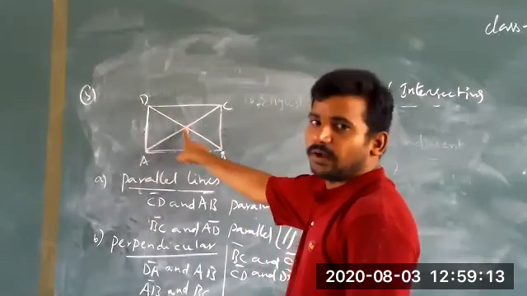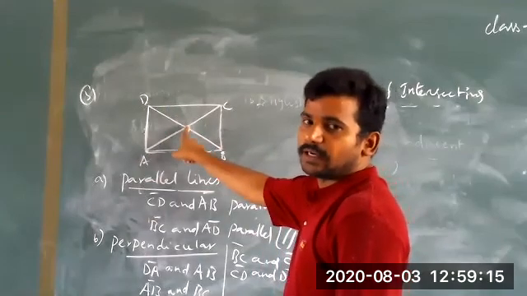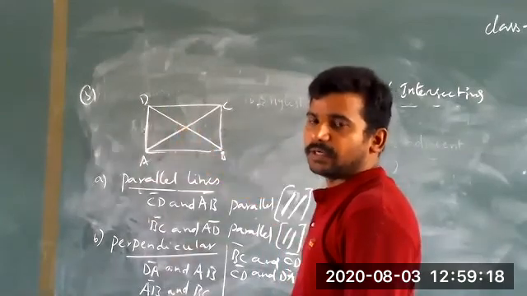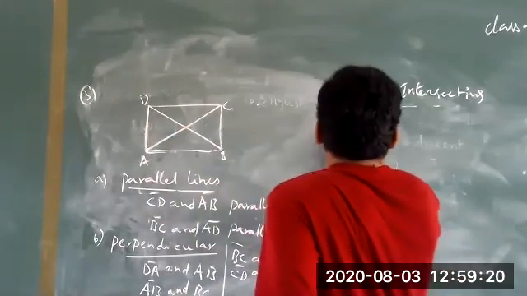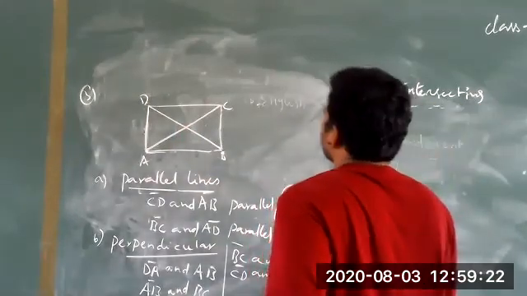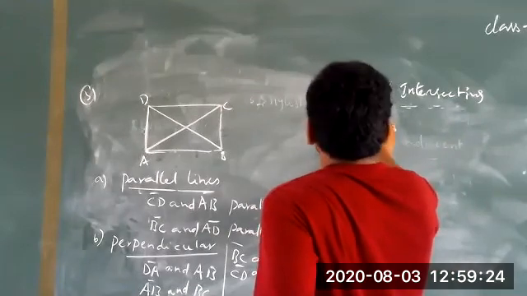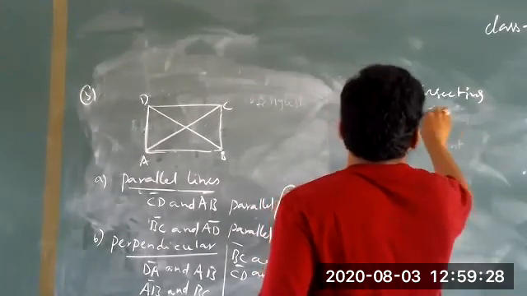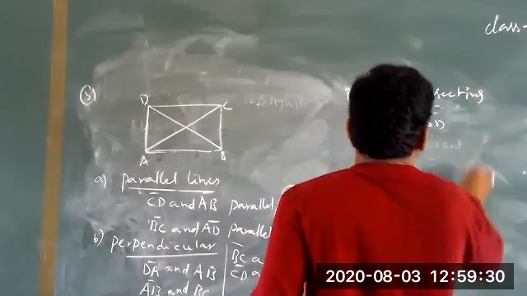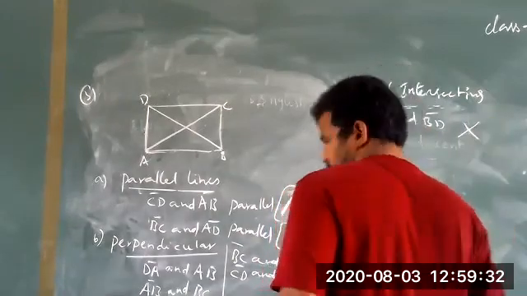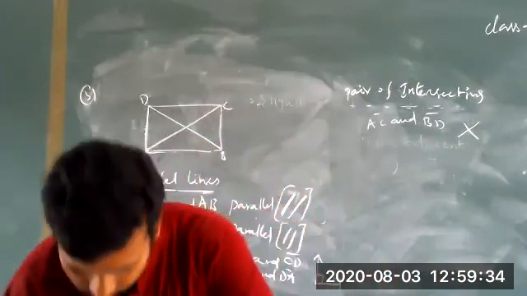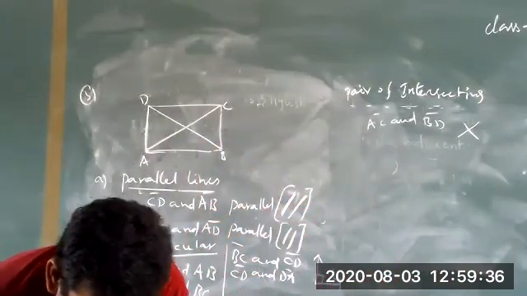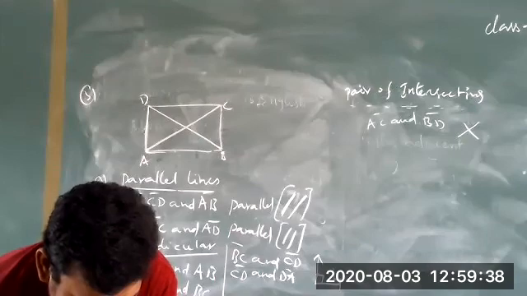They meet at one point. So these two lines are called what, children? Intersecting lines. AC and BD are intersecting lines. The symbol for intersecting is like this. Clear? So this is the 5.3 third problem completed.